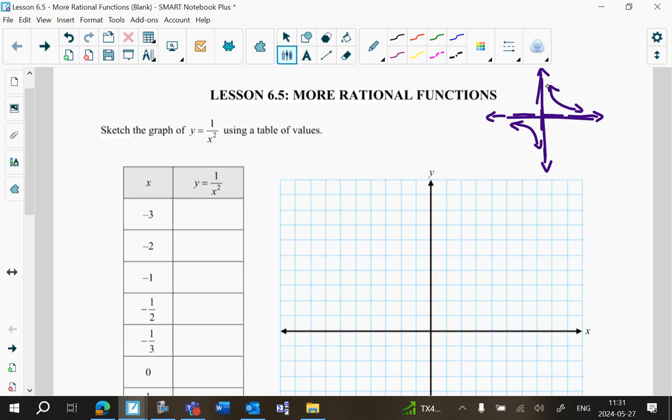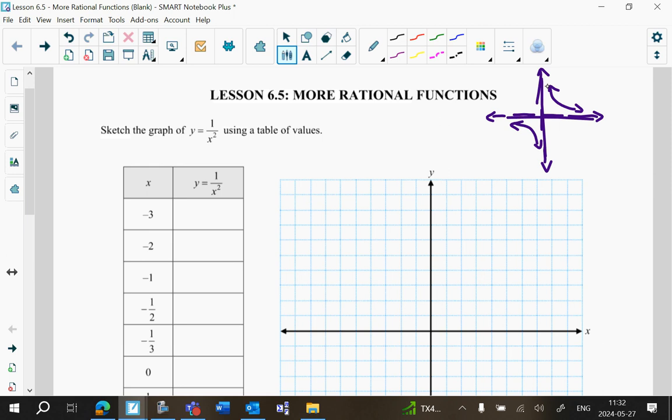And then we did a couple ones where the vertical one moved a little bit. The horizontal one didn't move, but the shape was always the same. Okay? That's generally what happens when you've got a number up top and an x on the bottom, or an x, say, with x plus 4 or x minus 3 or 2x minus 1. Right? That's what the graph's going to look like.